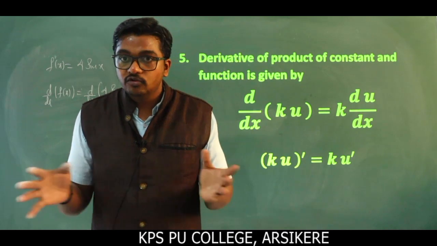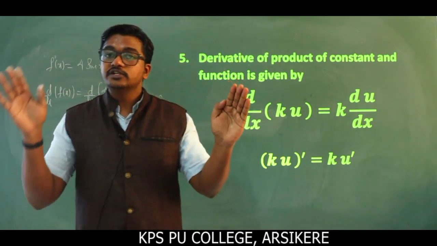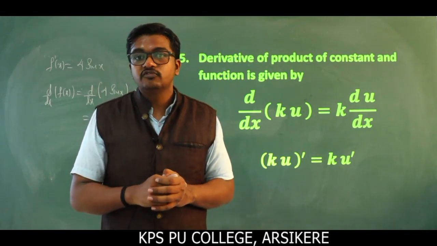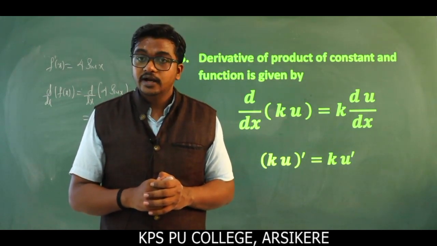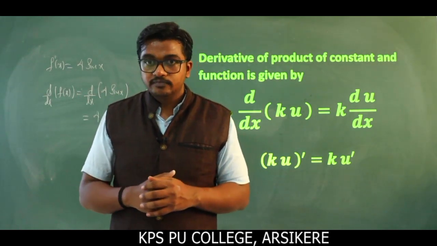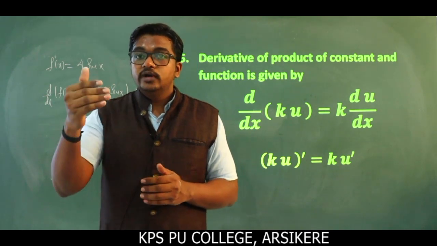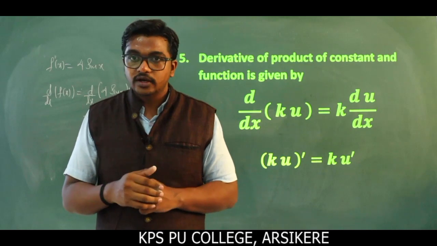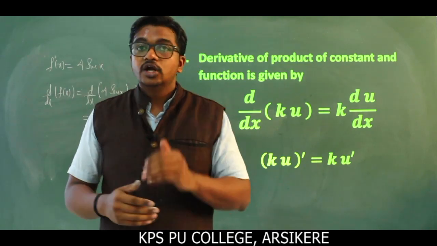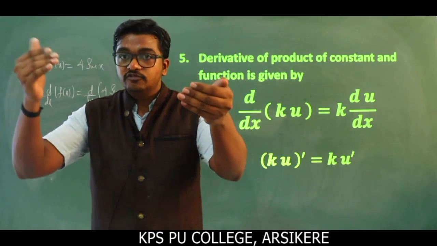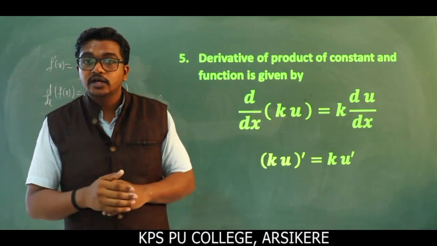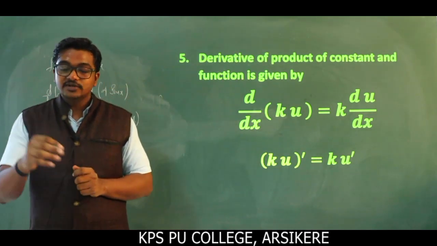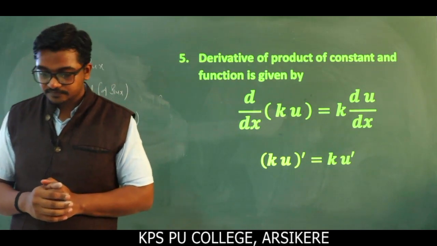For a product of two functions: first function into differentiation of second function plus second into differentiation of first function. And when they give u by v form, d by dx of u by v is equal to, first go with denominator square, and in the numerator, denominator into differentiation of numerator minus numerator into differentiation of denominator. Understood, children? Next we discuss the problems.